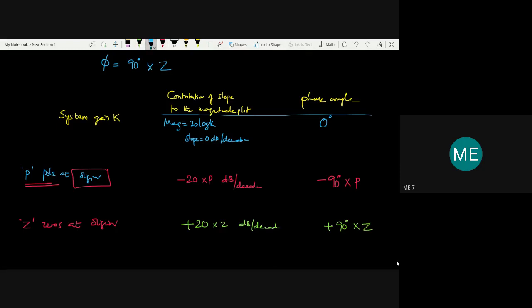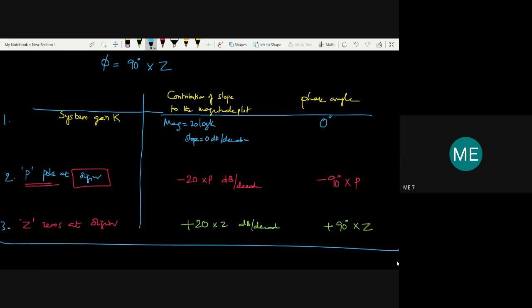So these are the 3 things which we have discussed till now. This is very important, because either P or Z is going to be present in the calculation.